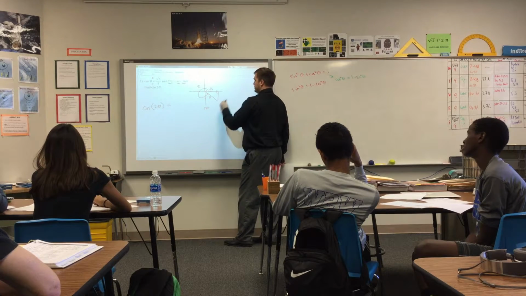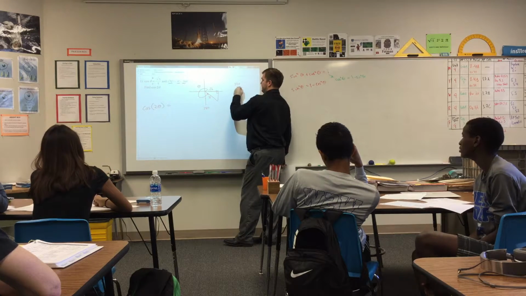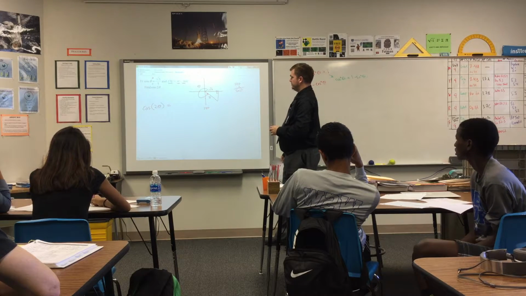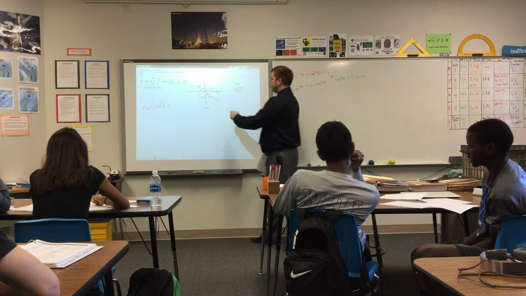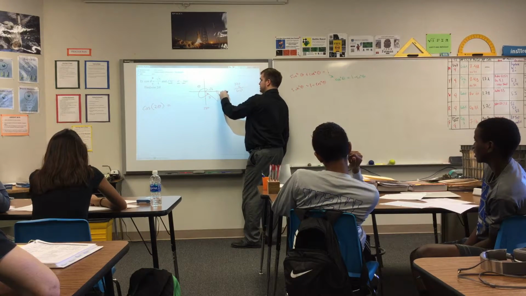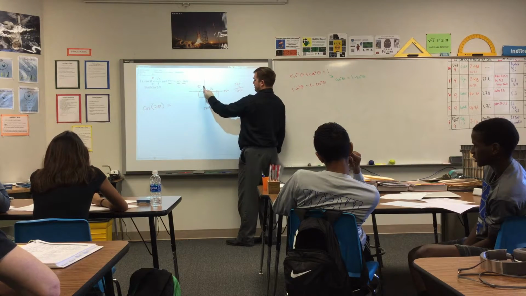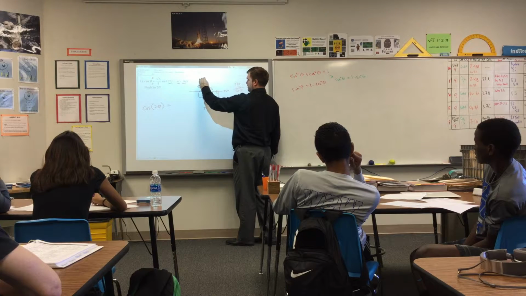What's 270 times 2? 540. Where's that? We're not so good on this. All right, let's start tracing along here. So there's 360. What's 360 plus 90? 450.